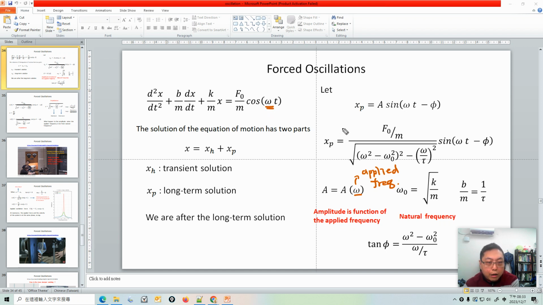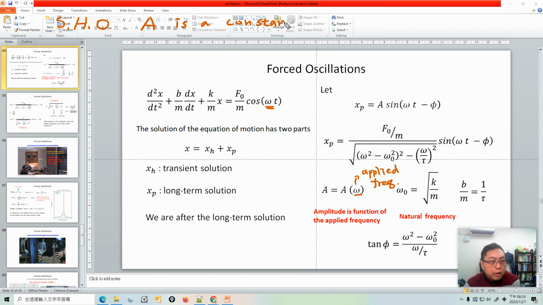Right now we solved the amplitude A, and we found it's a function of omega. So that means your amplitude is not constant anymore. Back in the early simple harmonic oscillation, our amplitude was a constant.